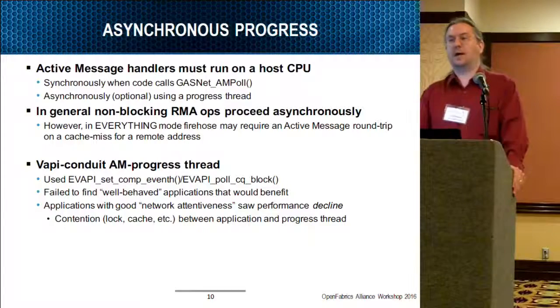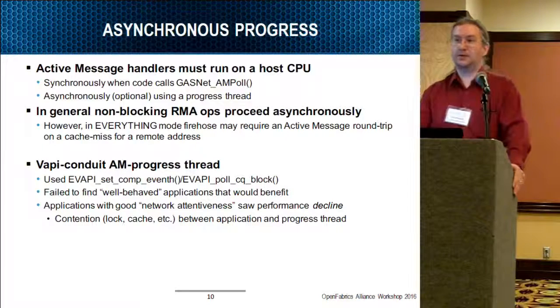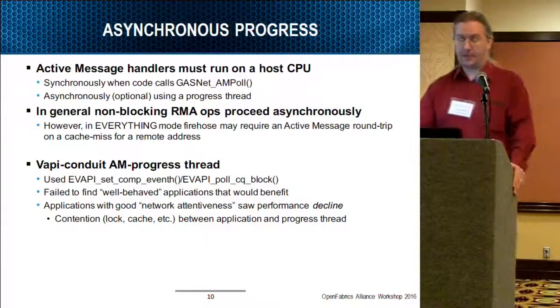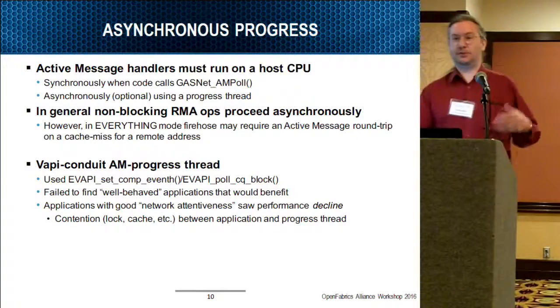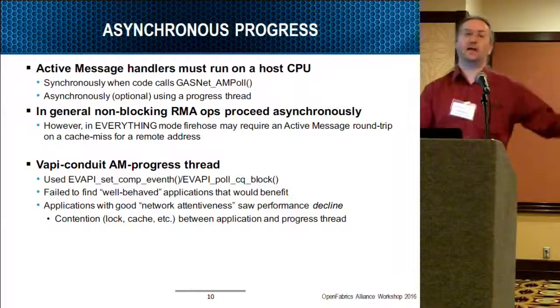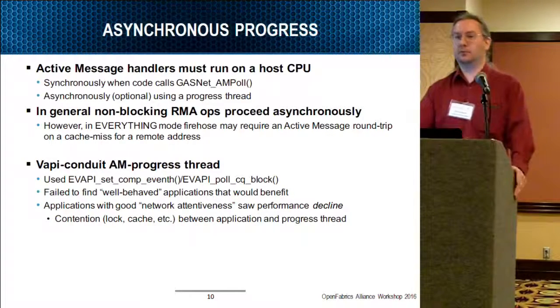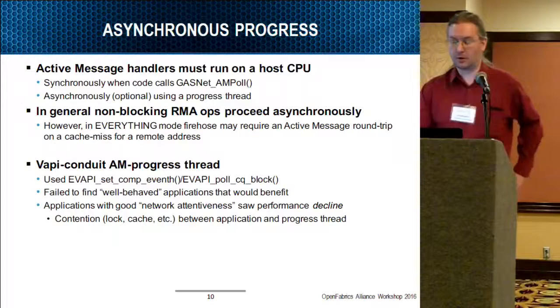But optionally, we can also have a progress thread to run these asynchronously, particularly important if you're doing things that require the other end to be attentive, for instance, acquiring locks in UPC, while the other end may be doing something computationally intensive and not actively polling the CQ. In general, the RMA operations proceed completely asynchronously because we've ensured that we don't have a side queue. We blocked on that semaphore, as I talked about, until the send queue had room to accept our work.